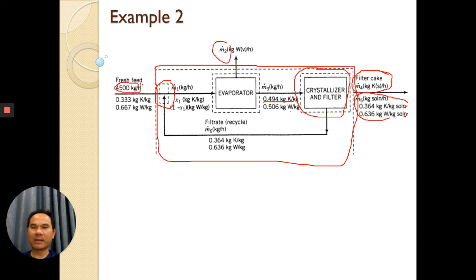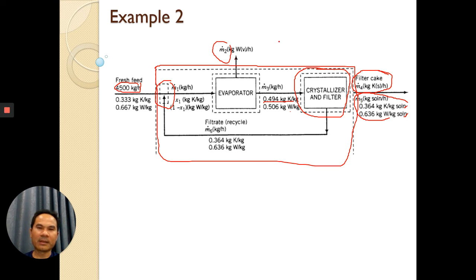You get the rate of chromate. And output, the output potassium chromate, we have two: in the crystal form is M4 and also in M5. This is 0.364 multiplied by (M5 plus M4).